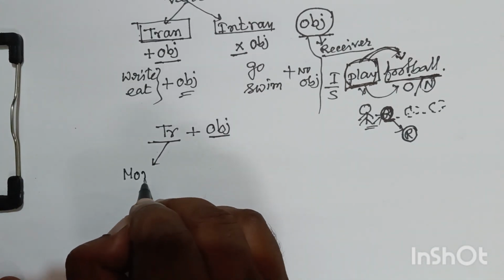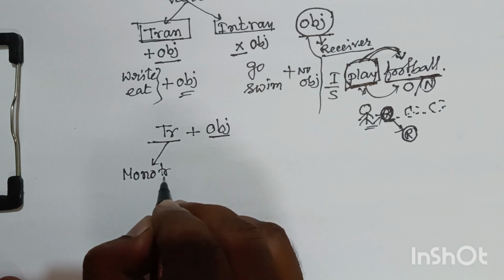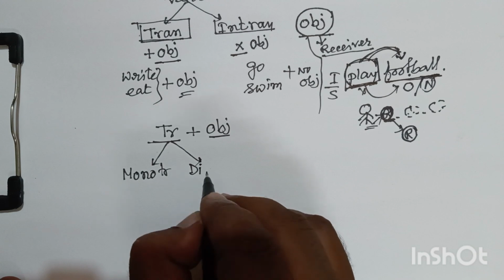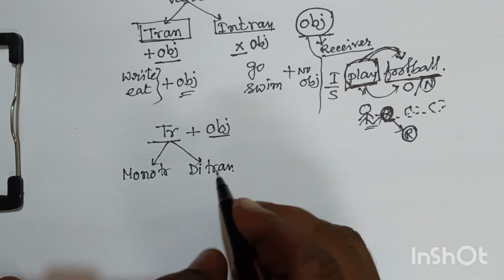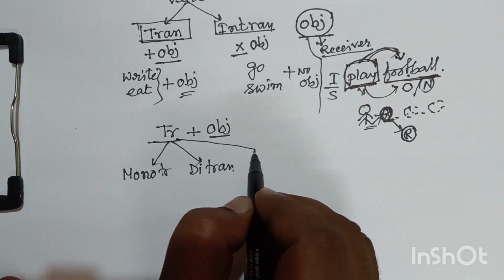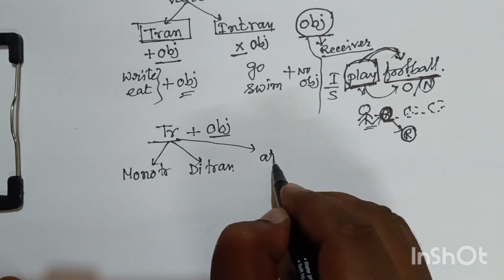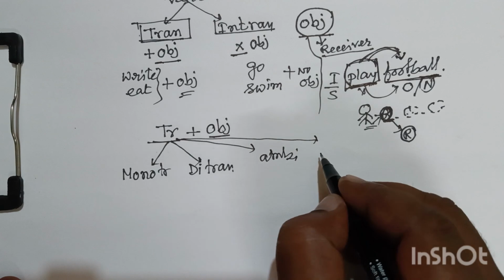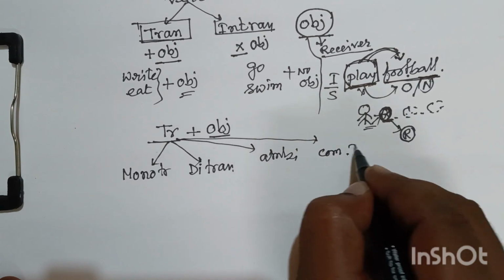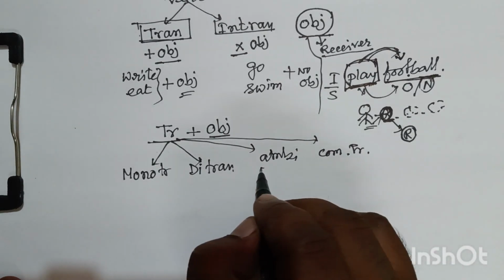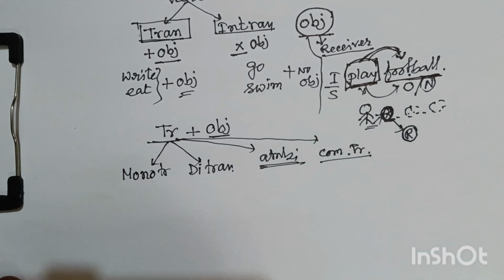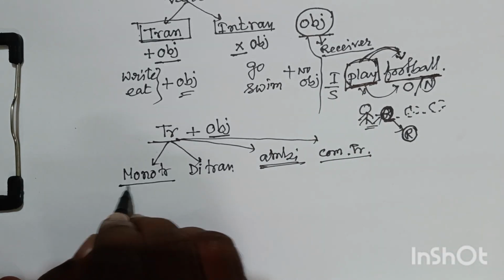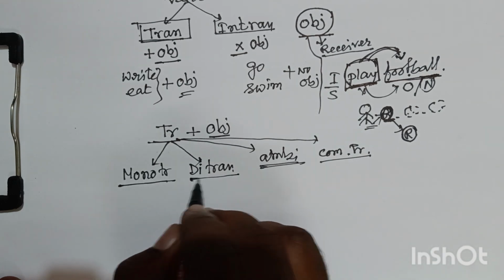Transitive verb may be ditransitive. Transitive verb may be ambitransitive, or it may be complex transitive. But no need to think about these two types right now. Right now we have to think about these two, monotransitive and ditransitive.